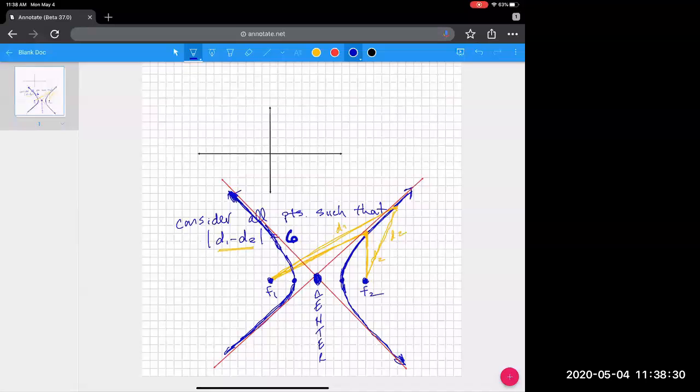All the points that satisfy that condition form a hyperbola. And a hyperbola has these two U-shaped arcs where the sides of the U's are both asymptotic to a pair of crisscrossing lines, the asymptotes of these lines. So those are the physical properties.